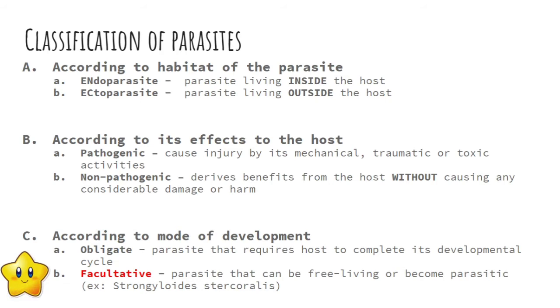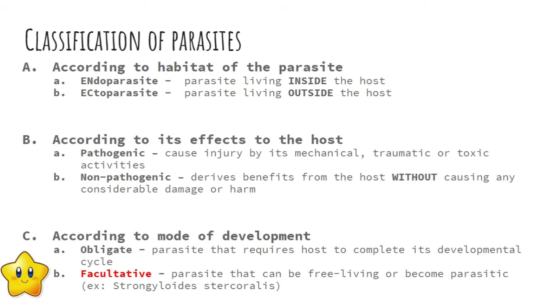Iisa-isahin natin plus yung life cycle ng mga different parasites natin as the semester goes along. But for now, it is good for you to know that there are obligate parasites wherein this parasite actually requires a host to survive or to complete its life cycle or stages in life.